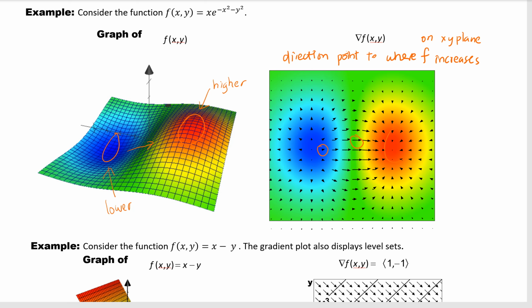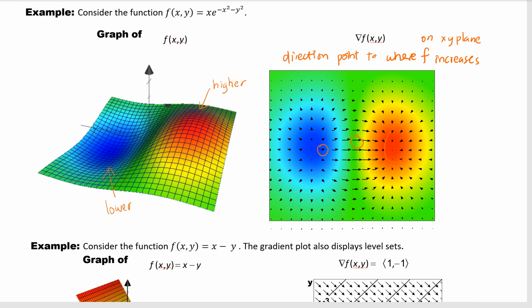That is because at this place f increases more rapidly than here. Here or there, f almost doesn't change, or increases slower. So we can see the magnitude is larger when f increases more rapidly, and it's smaller when f doesn't increase so rapidly.